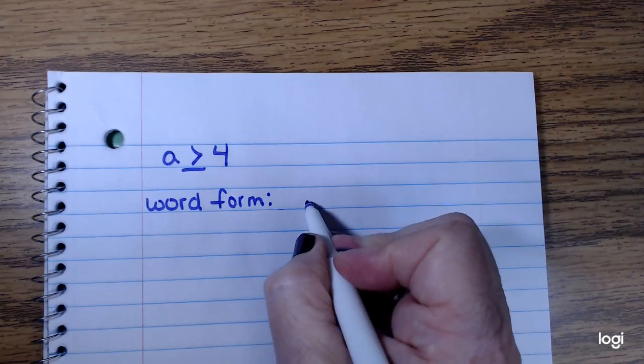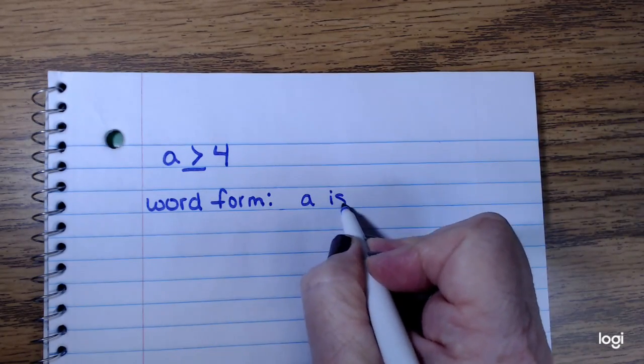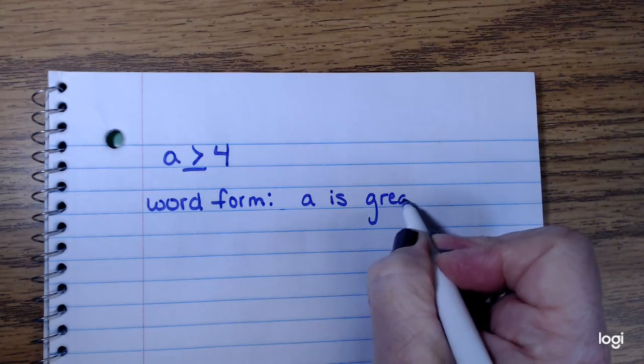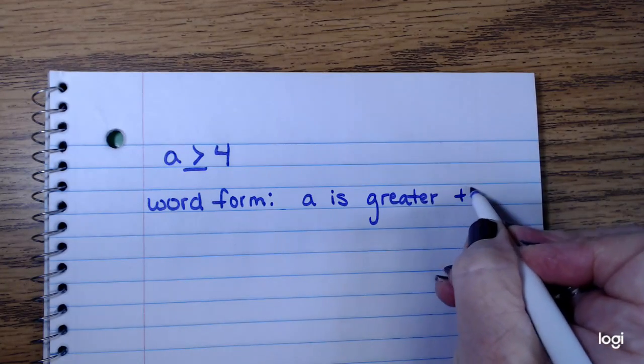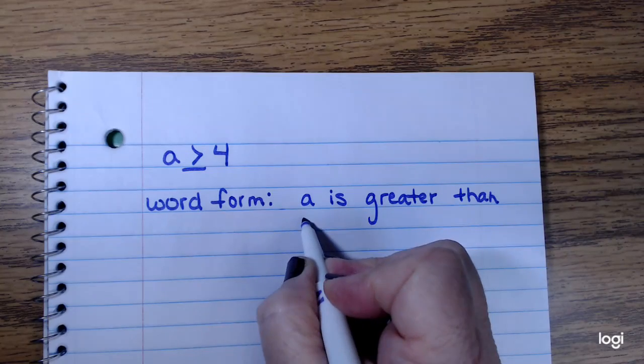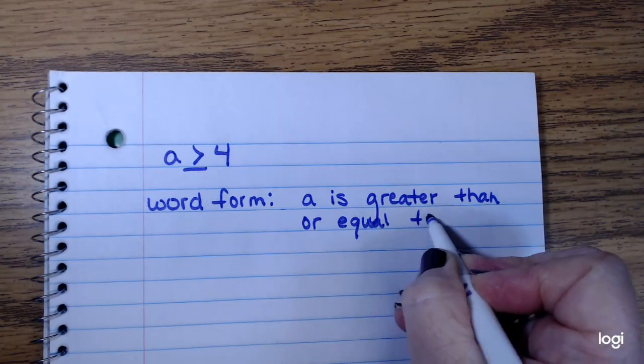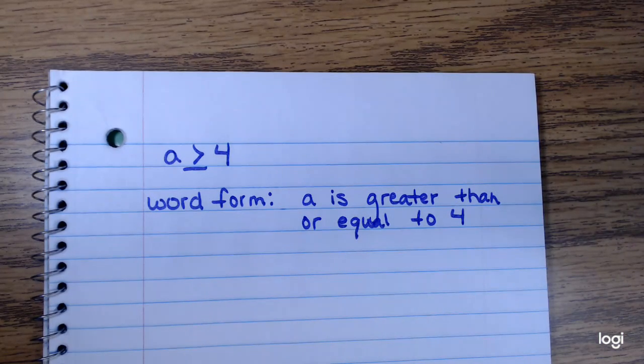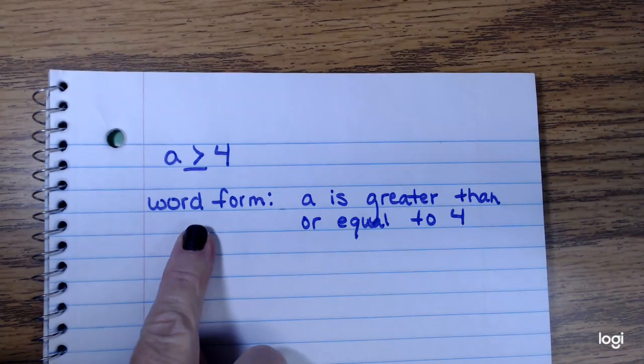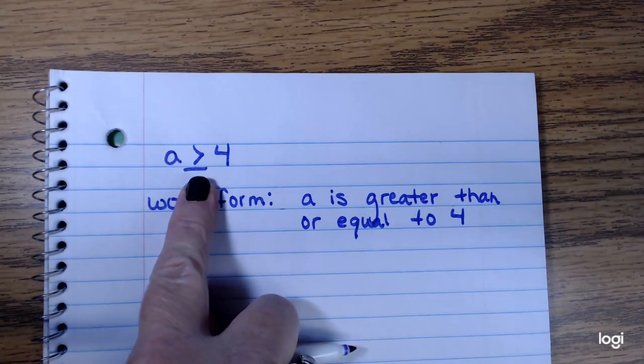So I would say A is greater than or equal to 4. Word form is exactly what you and I read when we looked at the inequality.